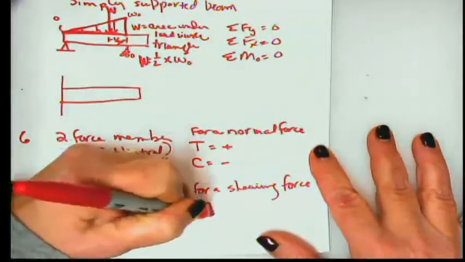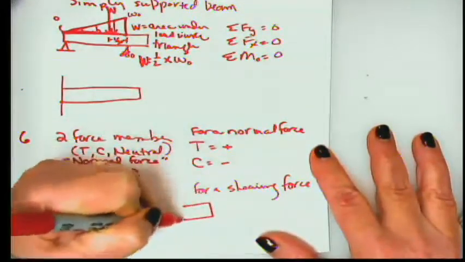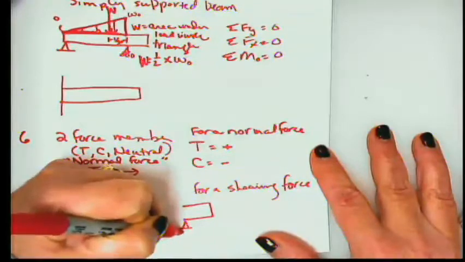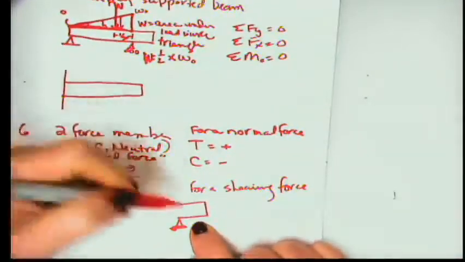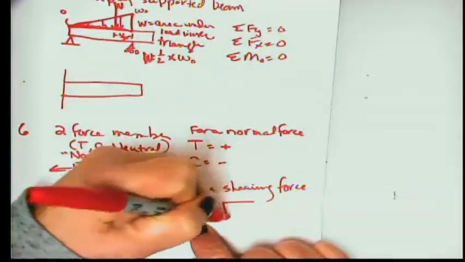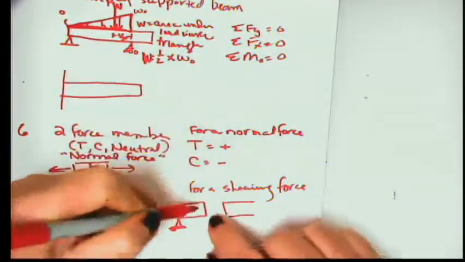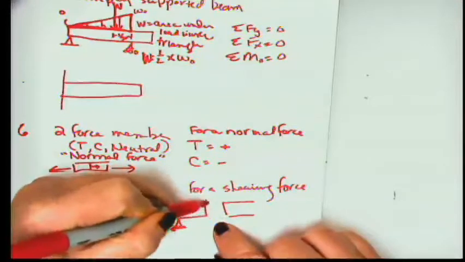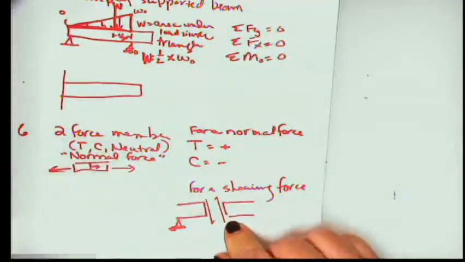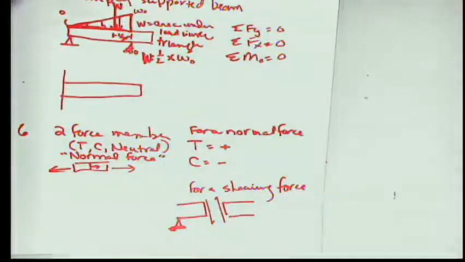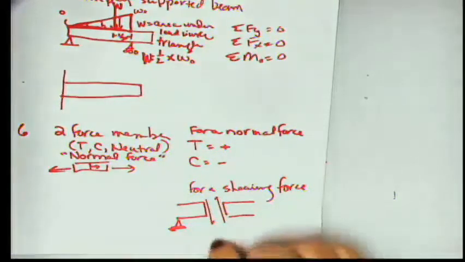Well, what it means is that if we have a structural member and we cut it, which I'll explain in just a moment, we want to look at what's going on here. The shear load here is going to be equal and opposite to the shear load here. In other words, it's just a tendency for those two surfaces to pull against each other.